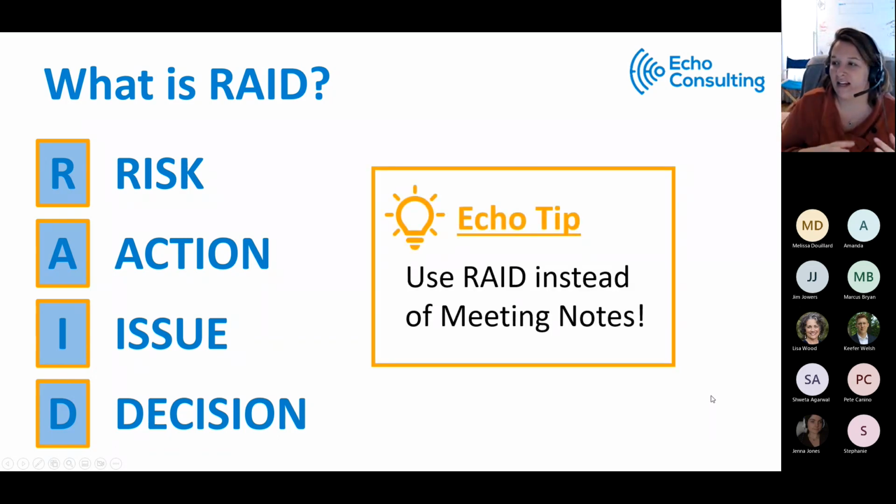With ECHO, one of the things that we do is we actually recommend that we use RAID oftentimes instead of just notes. Notes are relatively static, a one-time backup. Instead, we focus on what actions were identified and who owns them, what risks some of the team members have potentially indicated, or what decisions we are trying to make in this meeting.